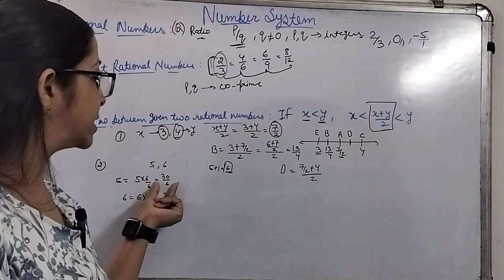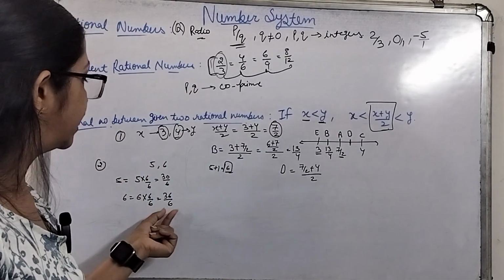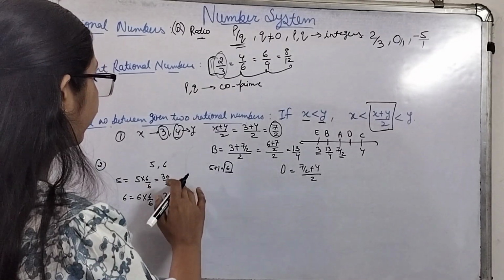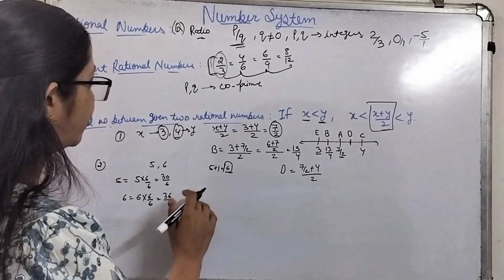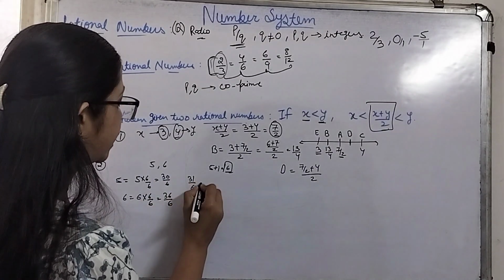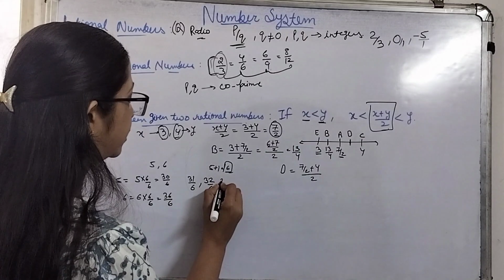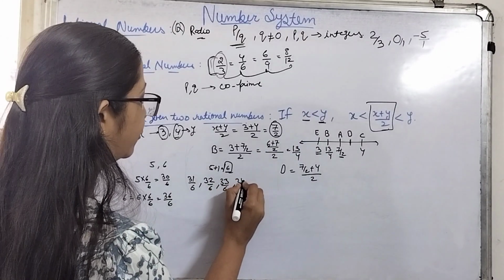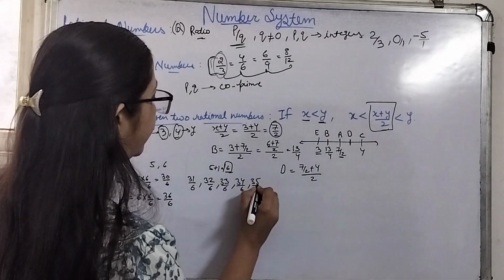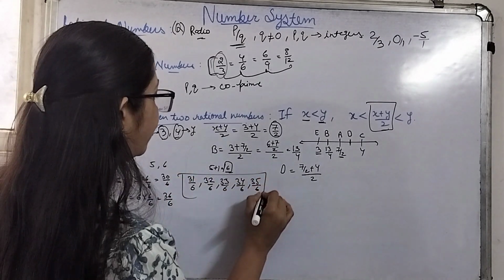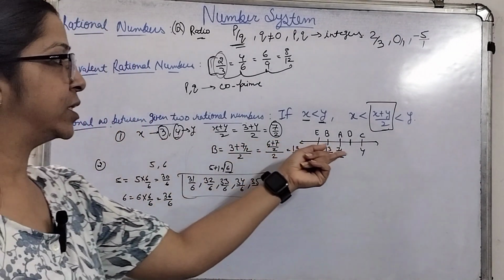So 5 could be written as 30 over 6 and 6 could be written as 36 over 6. Now 5 numbers between these two numbers will be 31 over 6, 32 over 6, 33 over 6, 34 over 6 and 35 over 6. This is one of the methods we have seen just now.